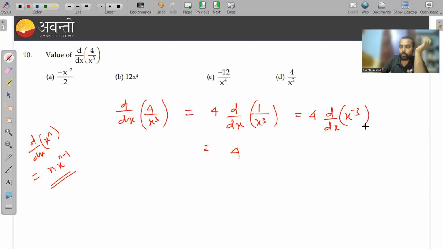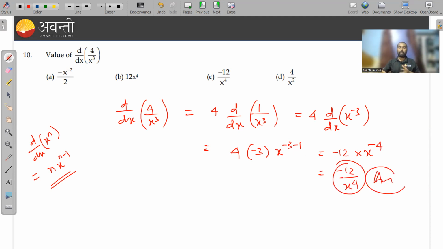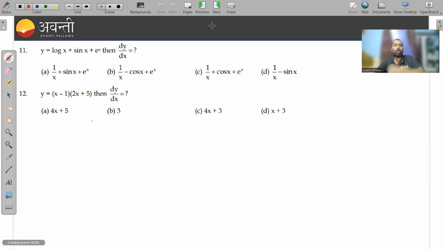That is 4 into minus 3 into x to the power minus 3 minus 1, that is minus 4 into minus 3 is minus 12 into x to the power minus 4, which can be written as minus 12 upon x to the power 4, right? So this is the correct answer. The answer is minus 12 upon x to the power 4. Option C is correct. Let's move to the next question here.